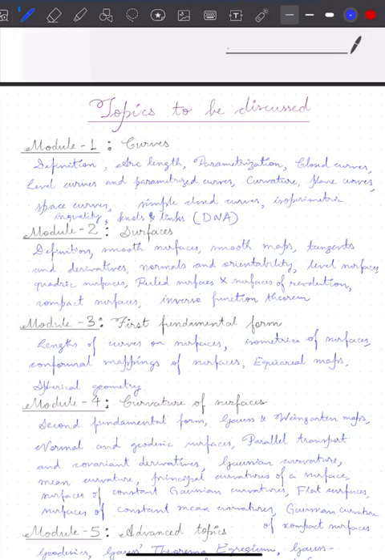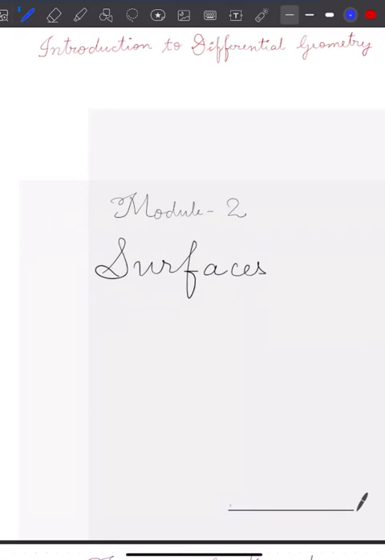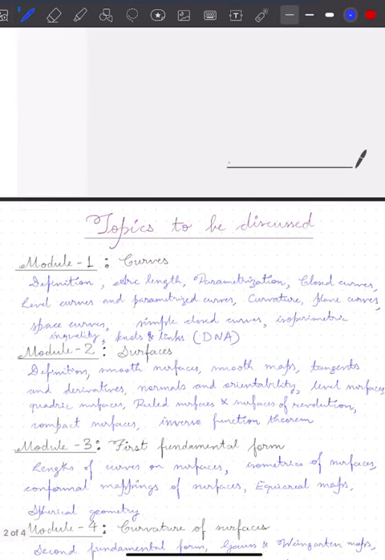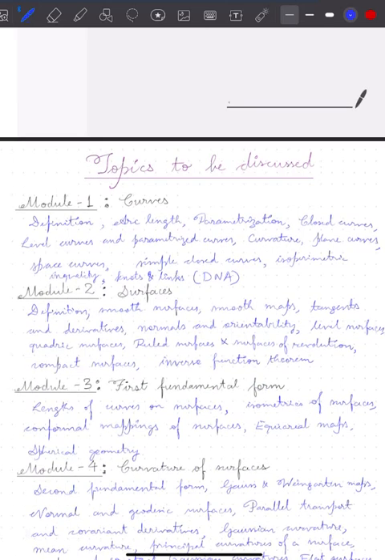We'll start with surfaces today, and I think we'll be moving at a somewhat faster rate, discussing some of the important concepts rather than going too much into detail. So far we have been able to cover module 1.